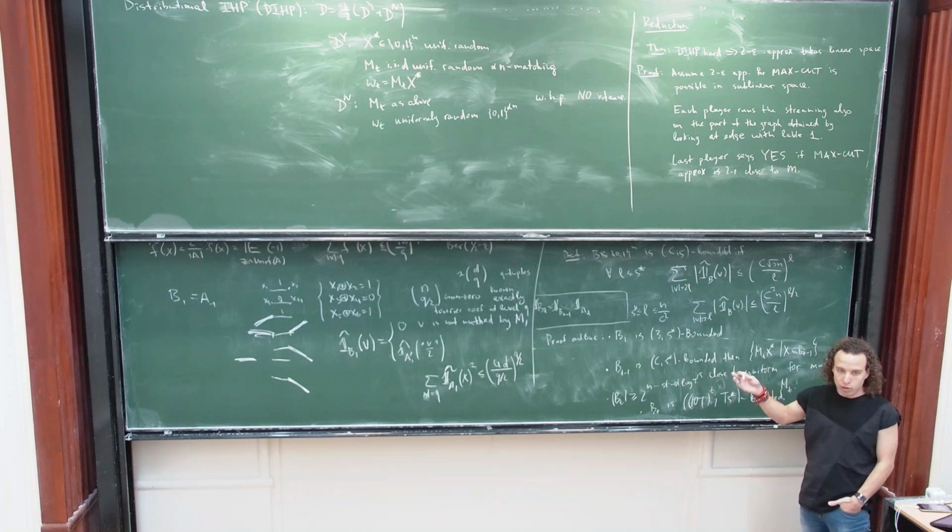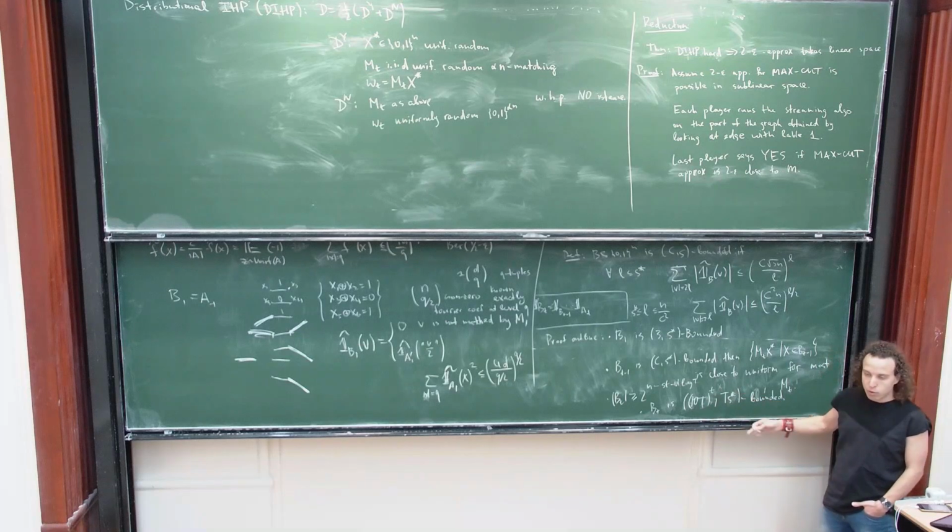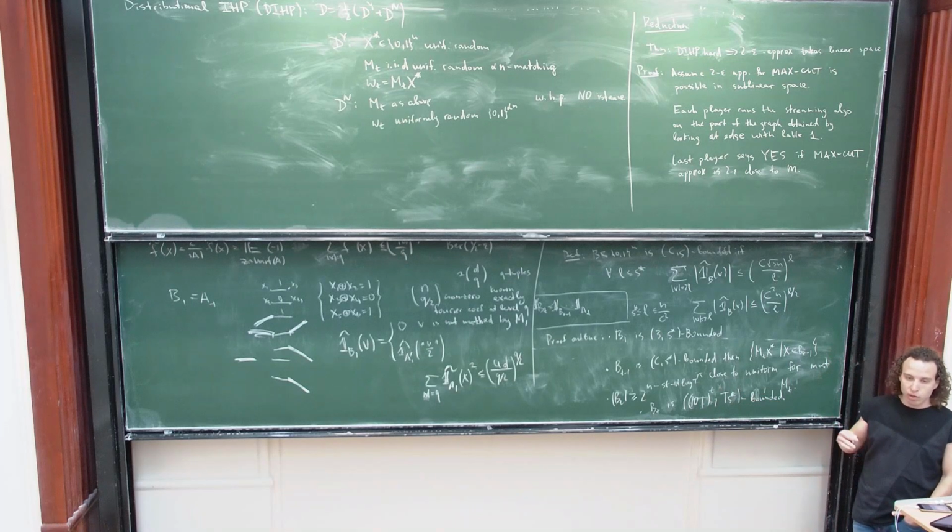So eventually the last player is going to see B capital T, which is constant times S prime bounded. And so the information about the labels, the posterior distribution on labels, is very close in total variation to the uniform one, which means that the last player cannot guess the answer, distinguish the yes case from the no case, with probability larger than this total variation bound.